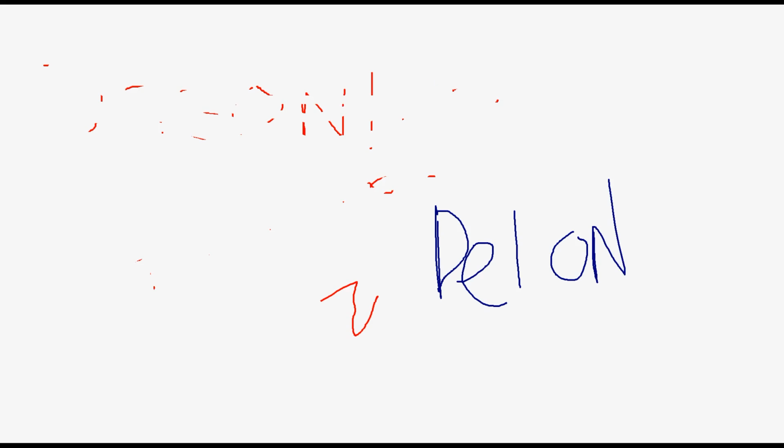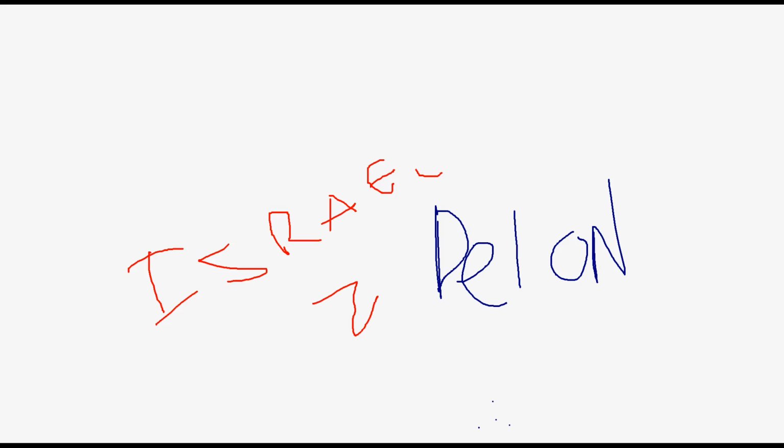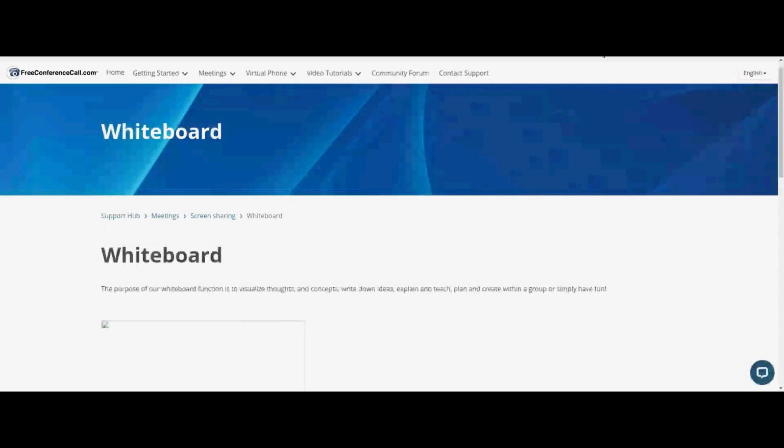I've got broadcaster, select items to share. Yes, now I see whiteboard conference. That's the wrong one. Very strange.